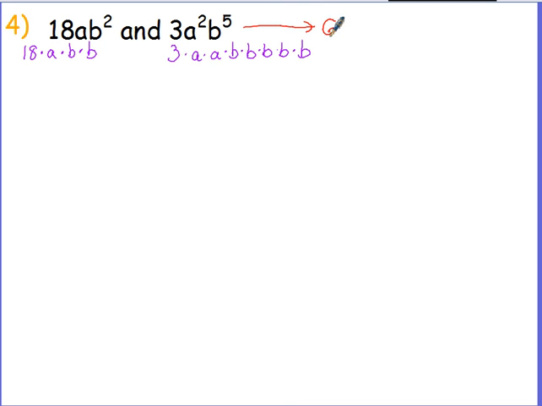The GCF here between 18 and 3 said I can divide them both by 3. So we can use that as our numerical GCF. But now let's look at these A's. I have one A that I could take from both that they have in common. And then the most amount of B's that they have in common is 2 of them, so it would be 3A B squared.